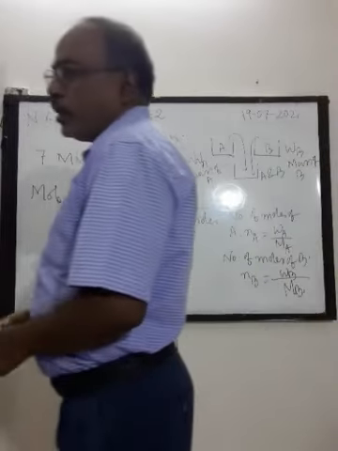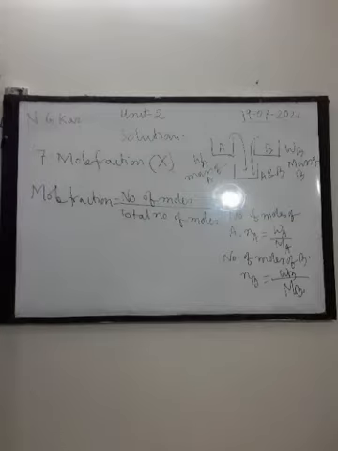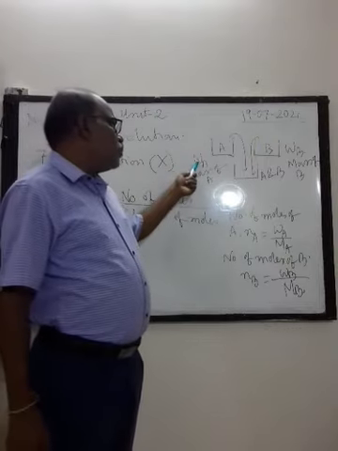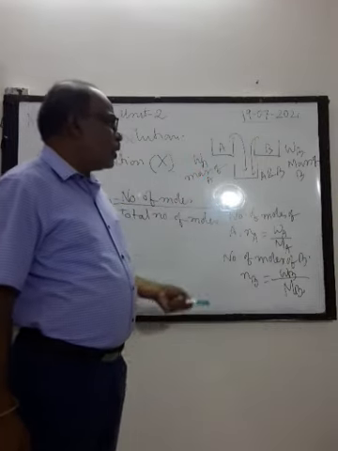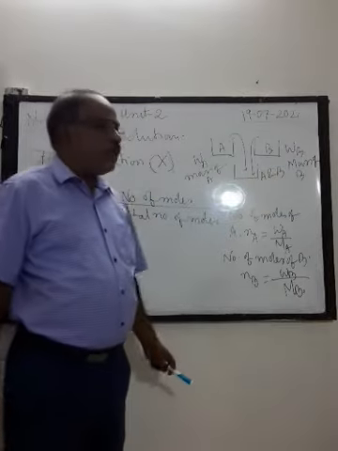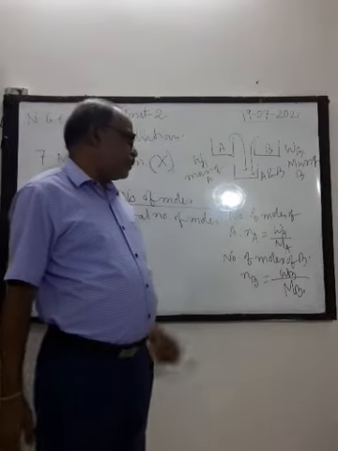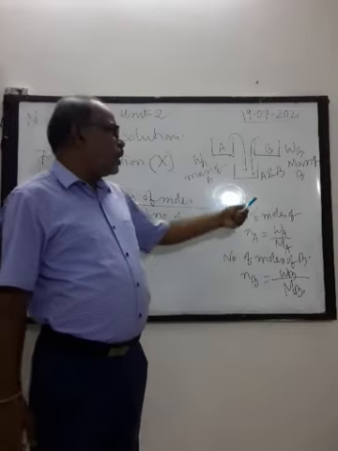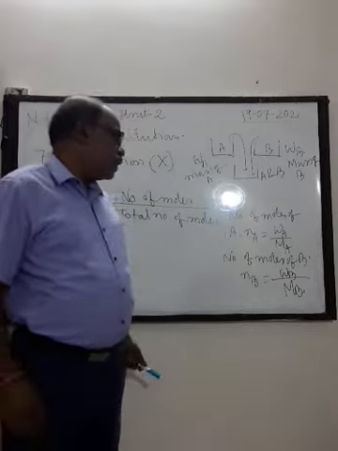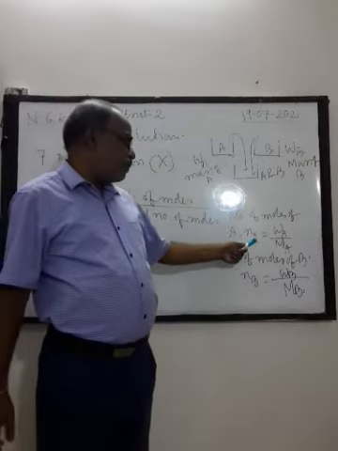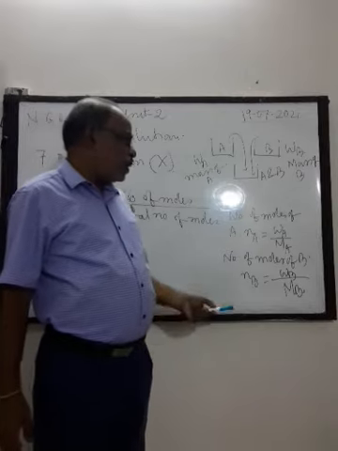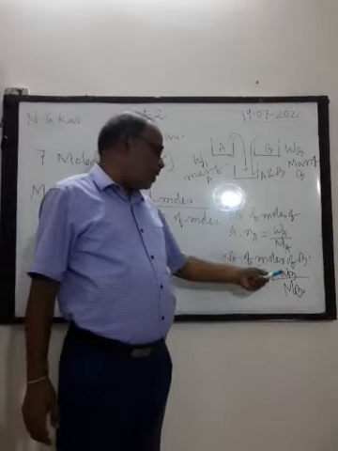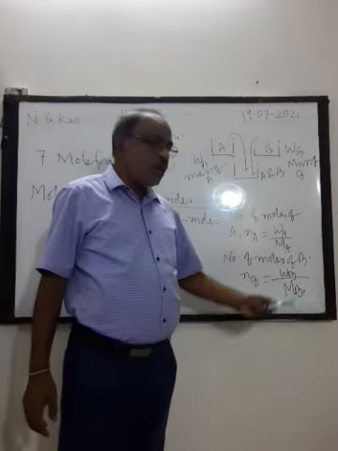So consider a binary solution where 2 components are present, A and B, where WA represents mass of A and WB represents mass of B, and they are mixed together. If MA represents molar mass of A and MB represents molar mass of B, then number of moles of A, Na, equal to mass by molar mass. Similarly, number of moles of B, Nb, equal to mass by molar mass.